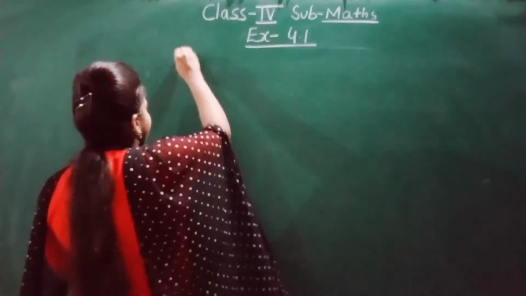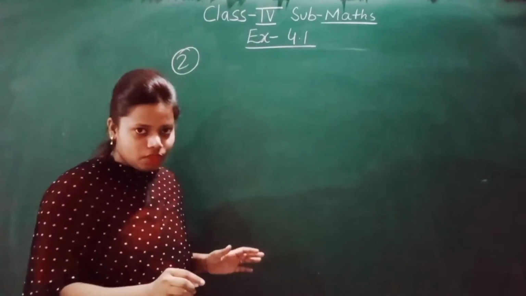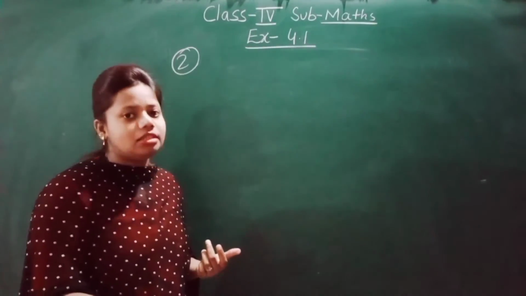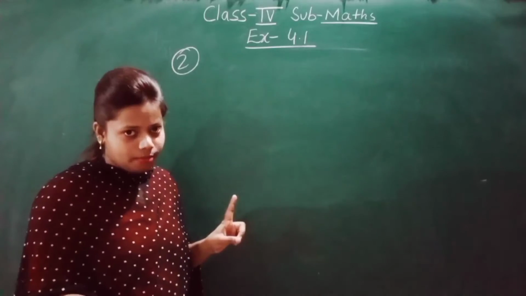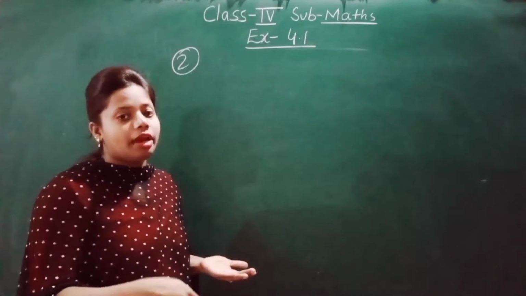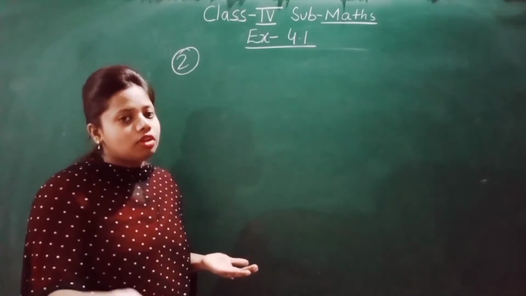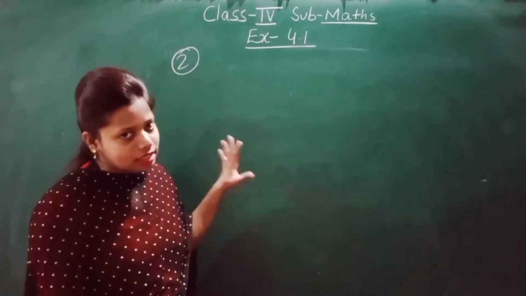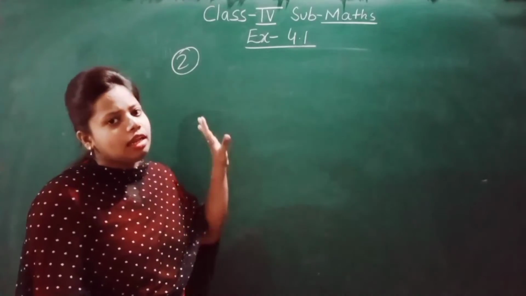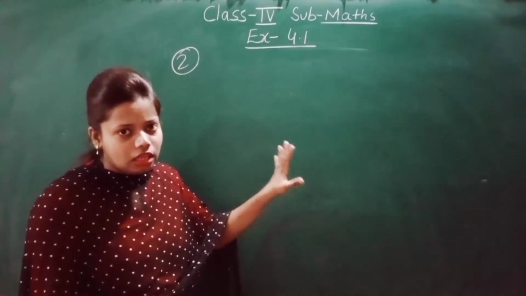Property number 2 is that when any number is divided by 1, the quotient is the number itself. Whatever the number is, that will be the quotient.